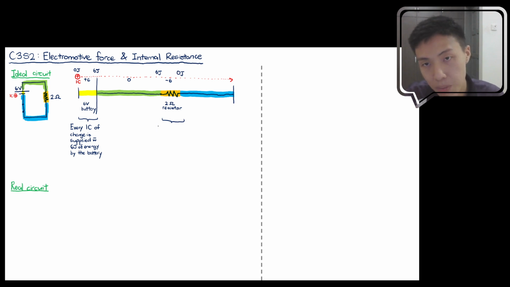So we can say what happened here is every 1 coulomb of charge is supplying 6 joule of energy to the resistor.